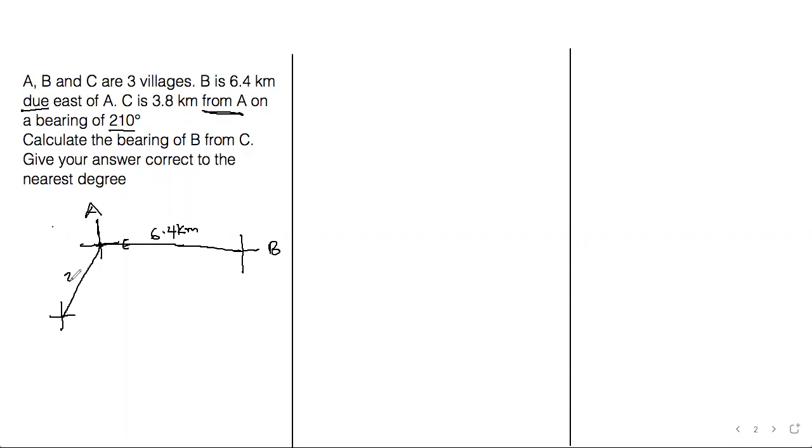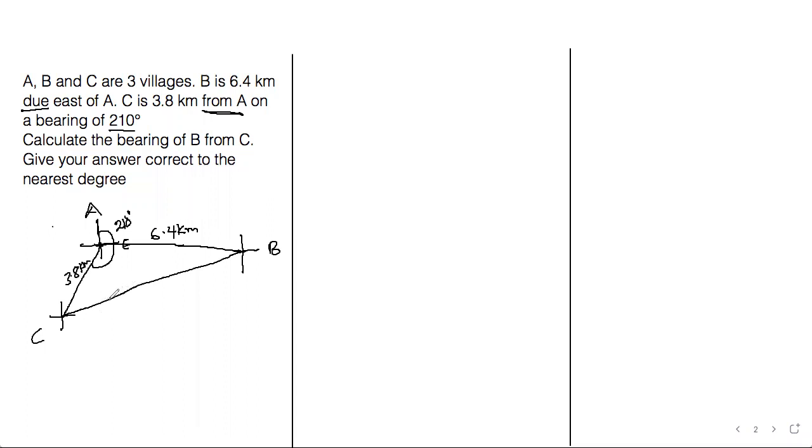So 3.8 kilometers on a bearing of 210 degrees. This is C. If I connect point C to B, I have that triangle. Now, how do I solve this?